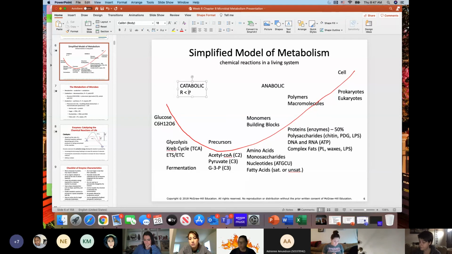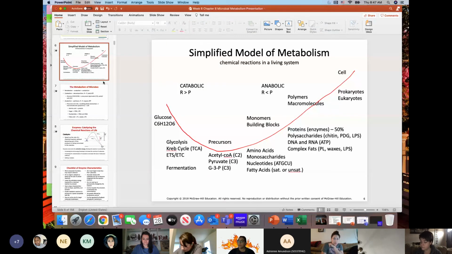Which means in a catabolic reaction, the reactants are greater. All right, guys. Oops, I switched those around. I don't know what's going on with me. Old gal is just tired today. I do know how to do math and do less than, greater than.